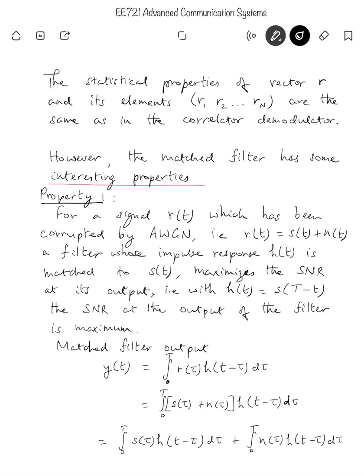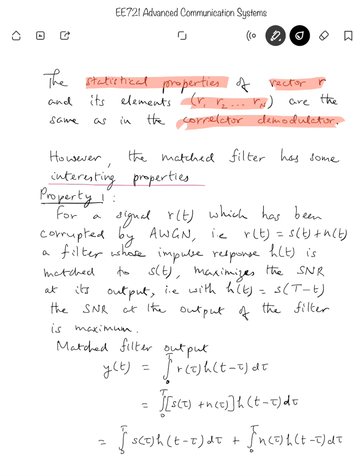So you can look back at the analysis we did in the correlator demodulator to find those statistical properties of the received vector and the received vector's elements, right? So those remain unchanged. Okay, but let us now focus on some properties of the matched filter itself.